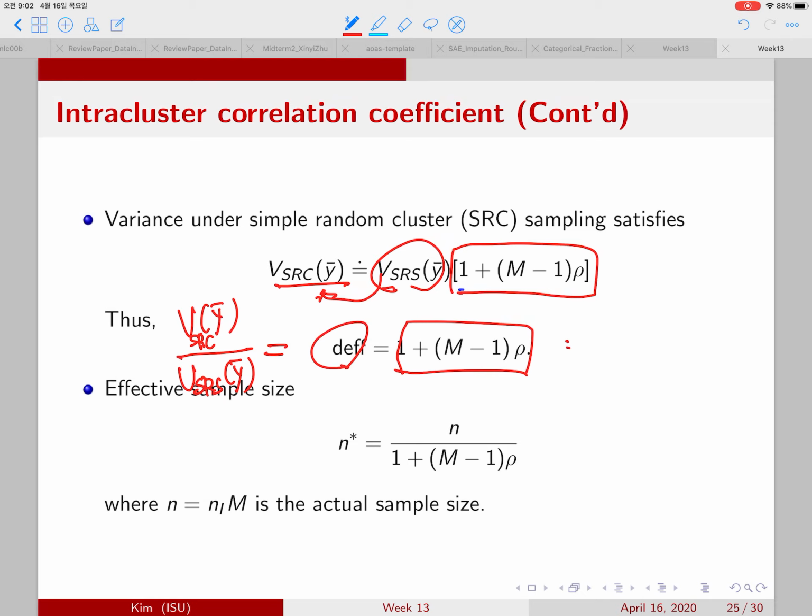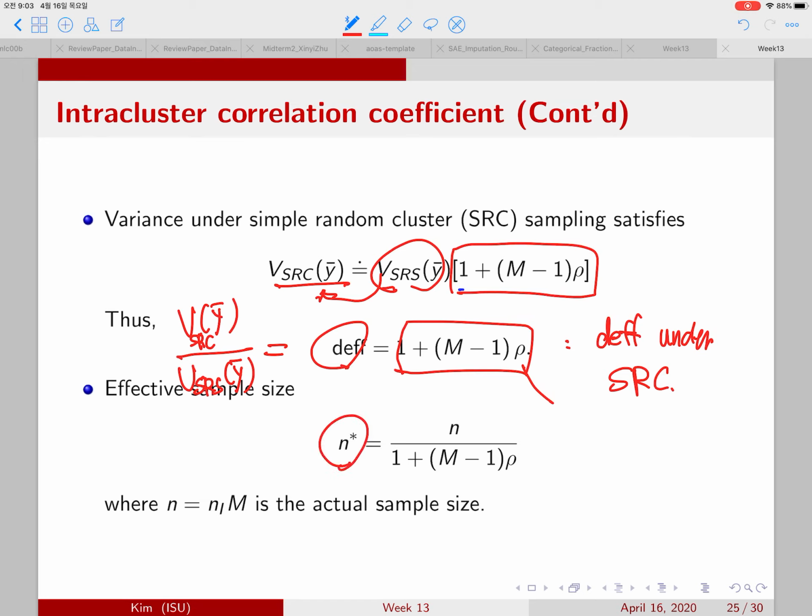So that is the design effect for simple random cluster sampling. Rho, as I said, is usually positive, so the design effect is more likely to be greater than 1.